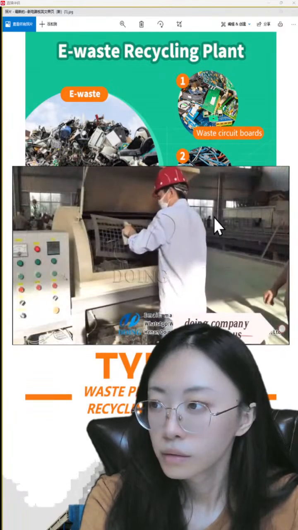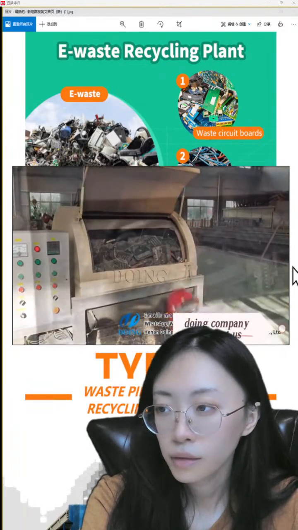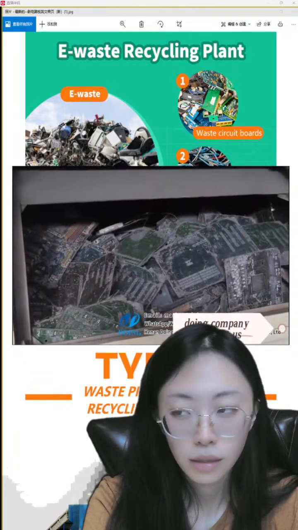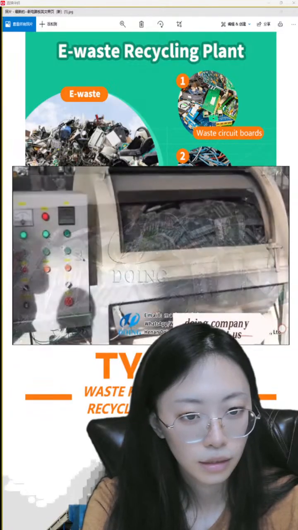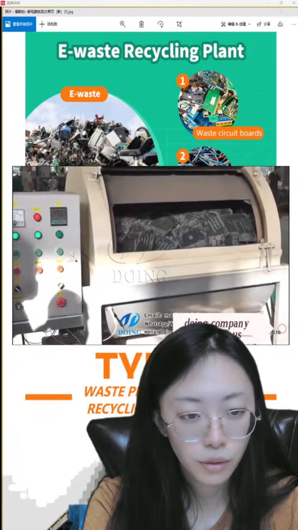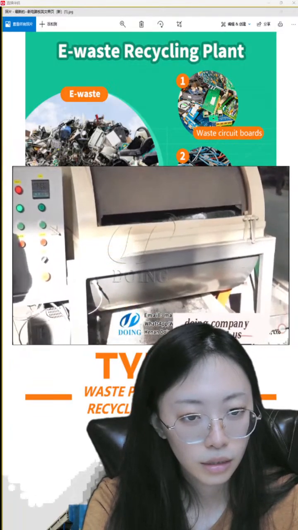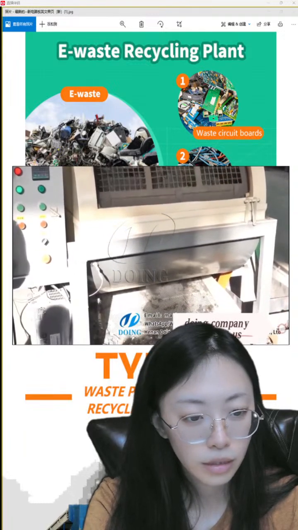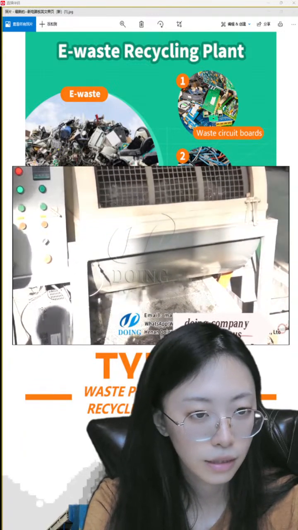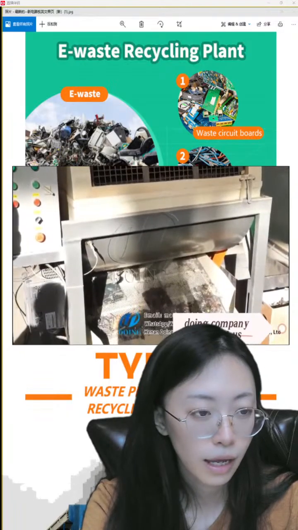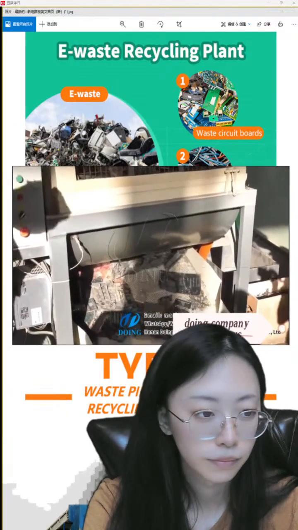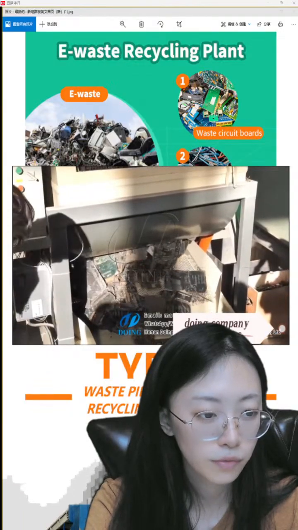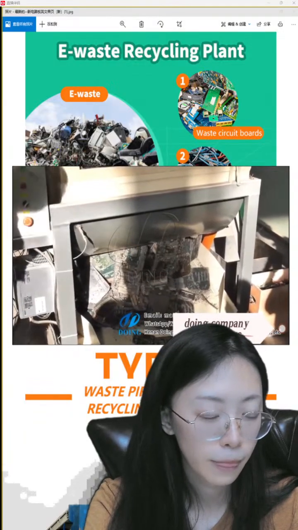Let's see what the board looks like. It's very clean. Then the board will go into the separator crusher to get the mixed metals and the resin fiber. There is no damage to the copper of this board.